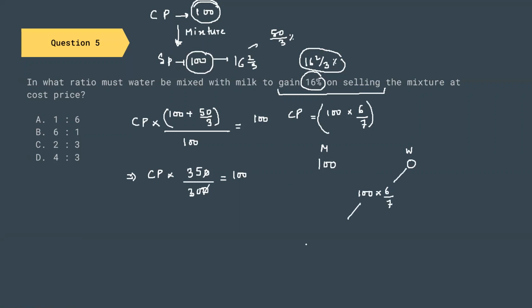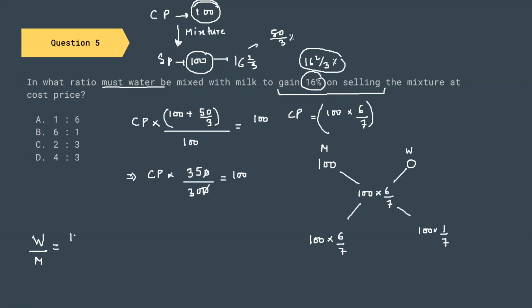So the ratio will be, this will be your 100 into 6/7, and this will be your 100 into 1/7. So what will be the ratio? What ratio must water be mixed?